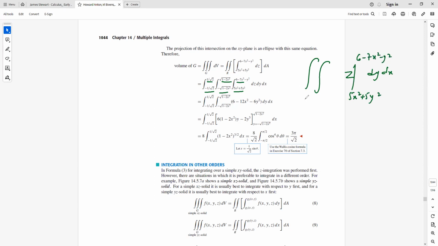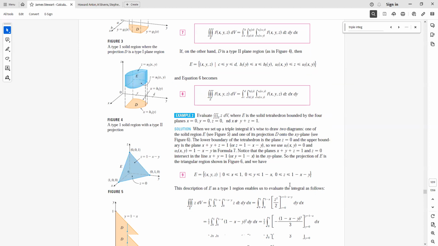And then solving this again and moving on in a similar manner, integrating with respect to y and then with respect to x, we are going to get the result 3 pi over square root of 2. So you can just see the solution here by stopping the video at the moment, right? So this is how we compute the volumes of regions, right?